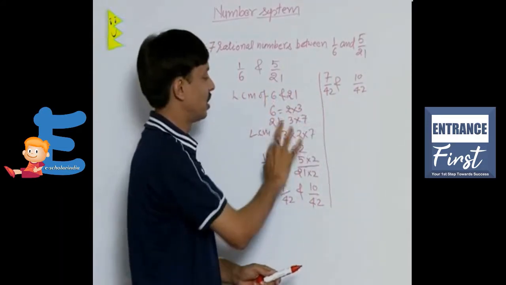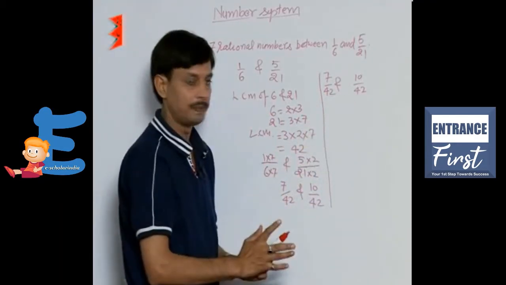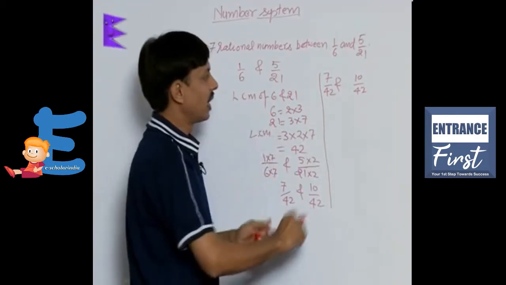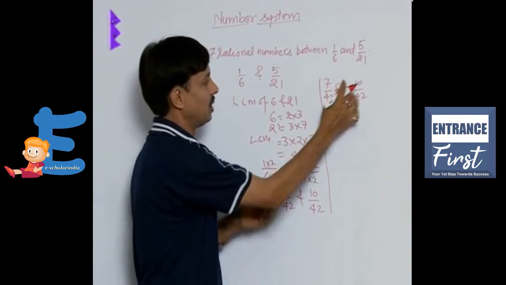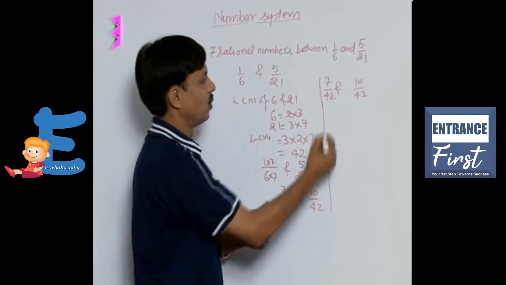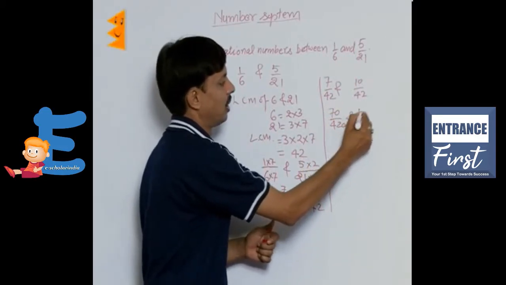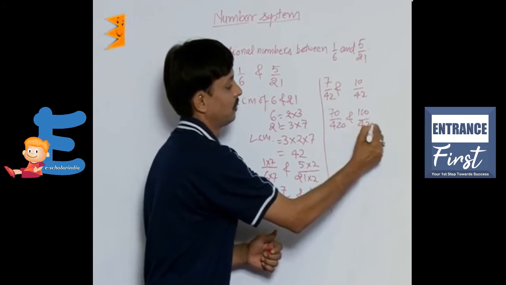But with this special trick, by finding the LCM, we have made their denominators the same. Now what can we do? We can multiply these two numbers by the same number, that is, you can say 70 upon 420 and 100 upon 420.